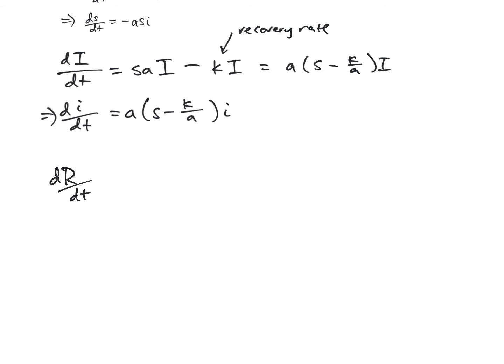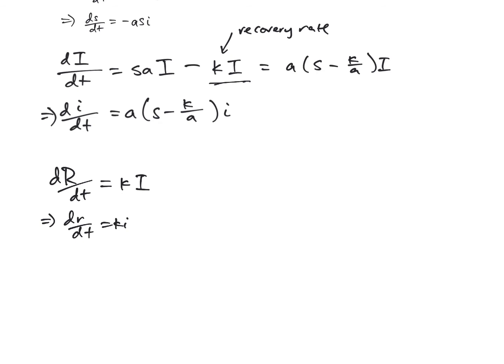That's the recovered population, and it's going to grow by the same amount that the infected population fell. So dR dt equals K I, and so we could divide by n, and we get d little r dt equals K times little i.